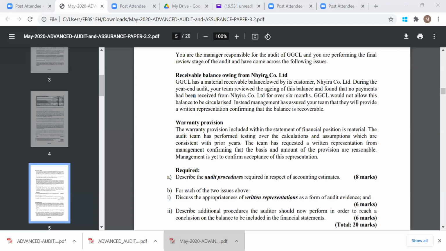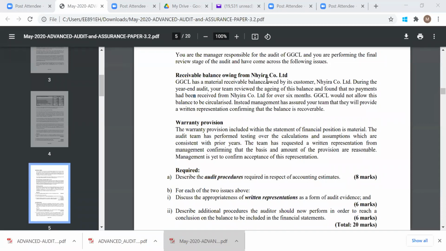Management is all for making their financials look good. So their interest would be to increase assets, which is receivables, and decrease provisions. That's how they would want it to look.